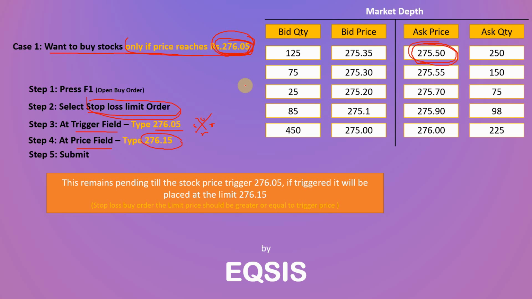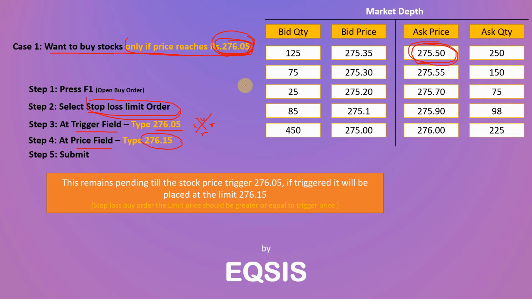So you have to now place a conditional order. You have to give an instruction to the exchange to buy shares only when the price goes above 276.05. Till then, I am having the patience not to buy. Only when that happens, buy the shares immediately.